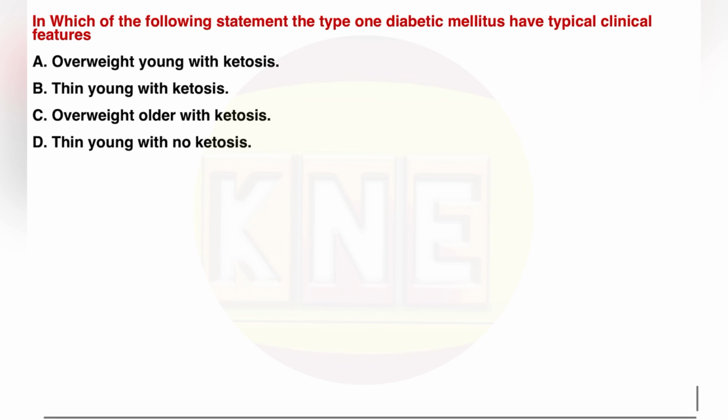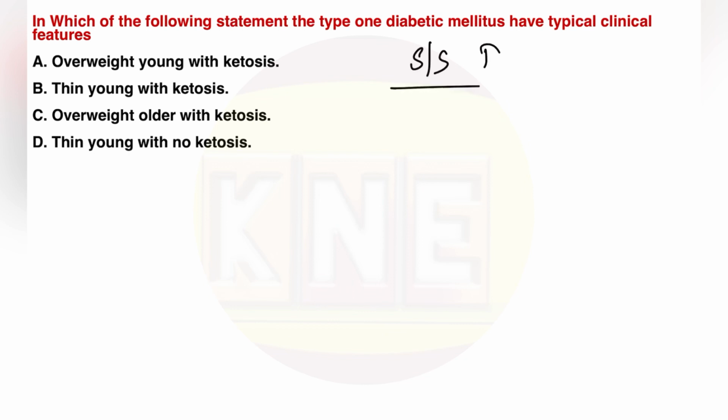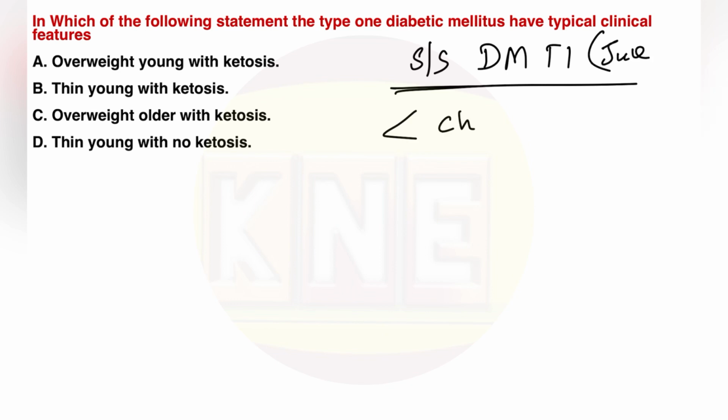Next question: in which of the following statements does type 1 diabetes mellitus have typical clinical features? They are asking about the signs and symptoms of type 1. Type 1 is also known as juvenile diabetes, more common in children.